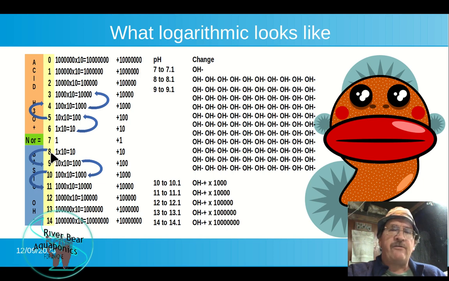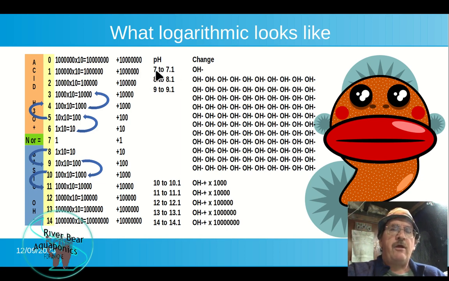When we get to the 8s, we multiply that 1 times 10, and now every decimal changes by 10 units. When we get to the 9s, we go 10 times 10 equals 100, and now every decimal point changes by 100 units.